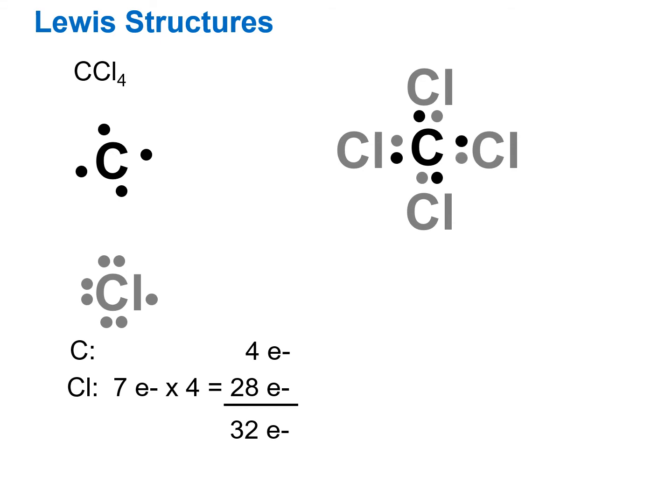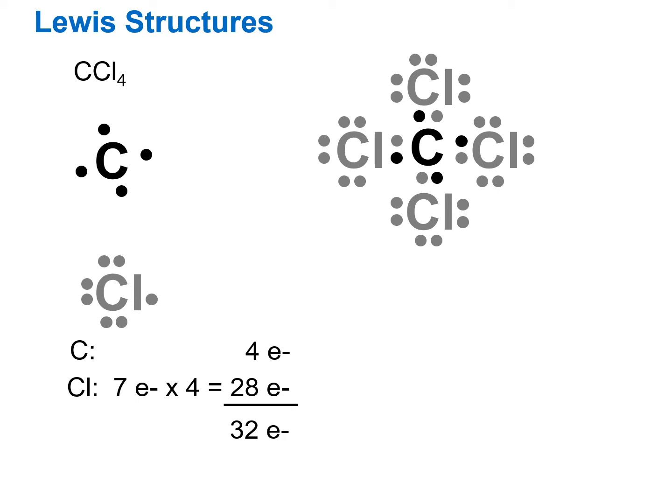And then we're going to start dropping the other electrons around all those chlorines. We have 8 that we placed, then 9 and 10, 11 and 12, on up through 32. So that's worked out rather nicely.